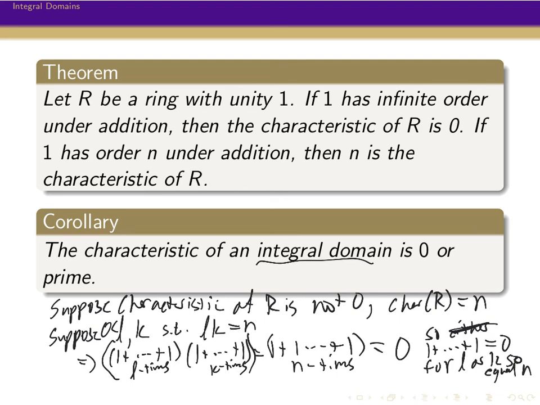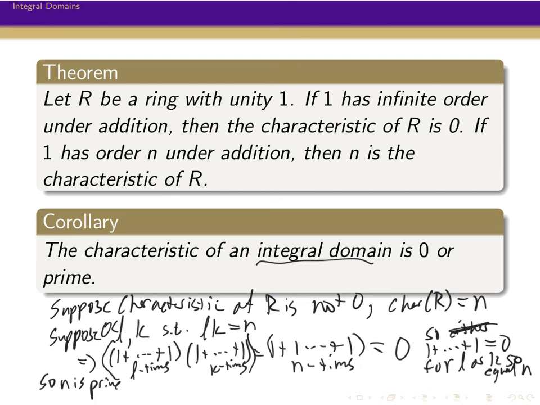And so this would mean that the only possible way that you could factor n is by having it be n times 1, the other factor would have to be 1. And so this means that n is prime.